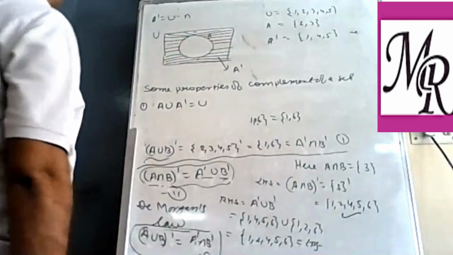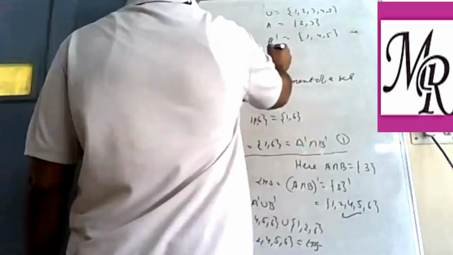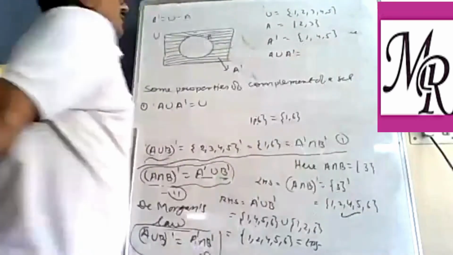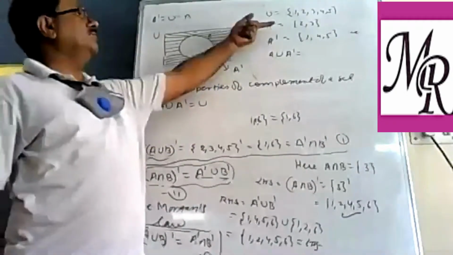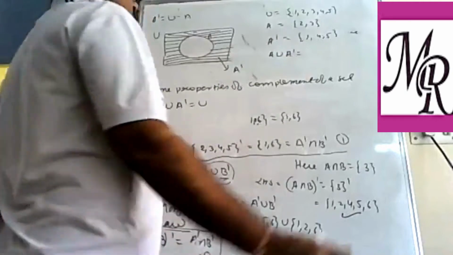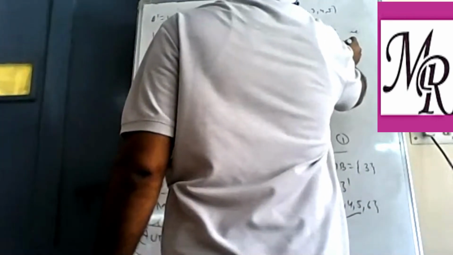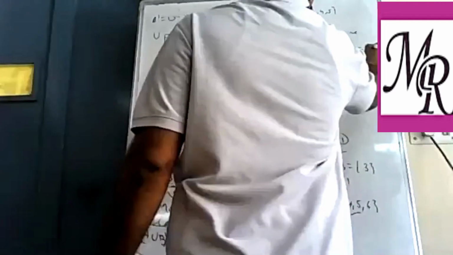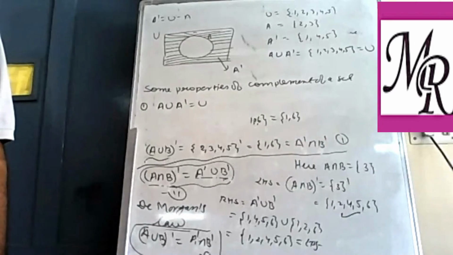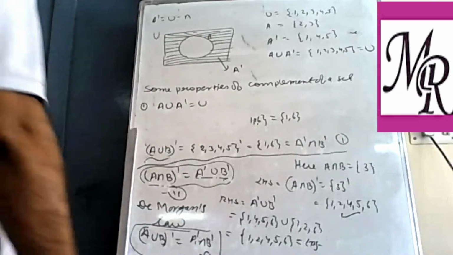Now if you find A union A complement, you take the elements of A and A complement, that is 1, 2, 3, 4, 5. So that is again U. That's why we write A union A complement equal to U.